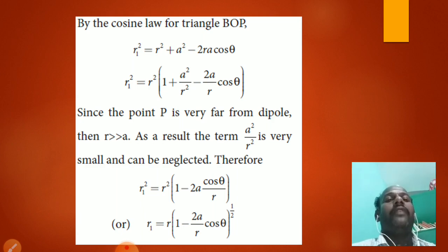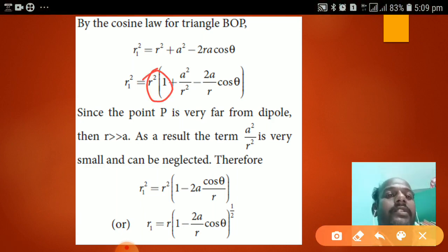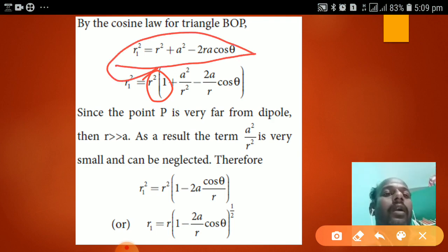If I take r squared as a common term, this becomes r square times 1 plus a square by r square minus 2a by r cos theta.